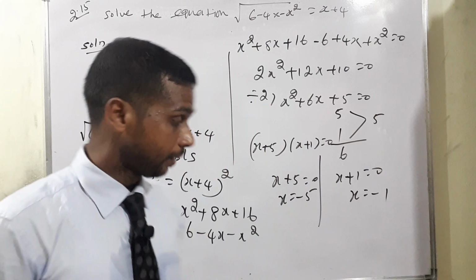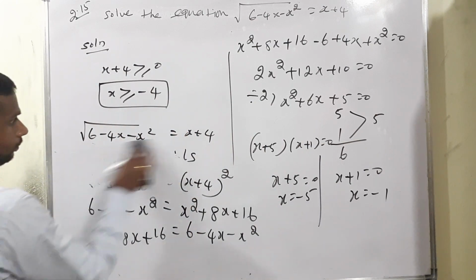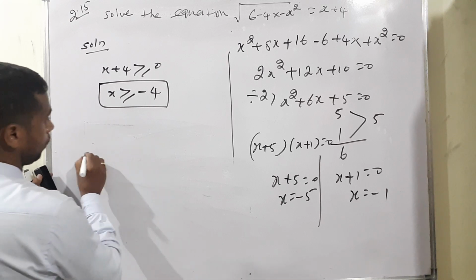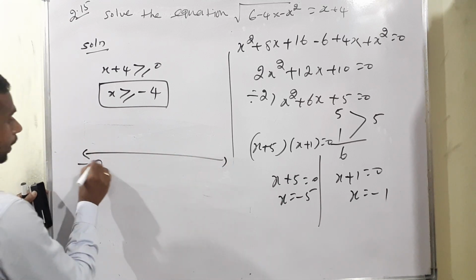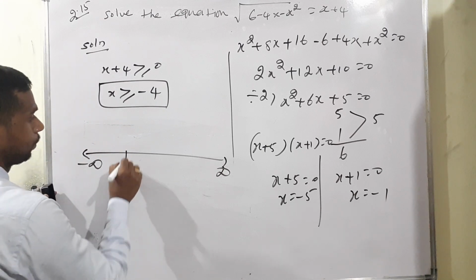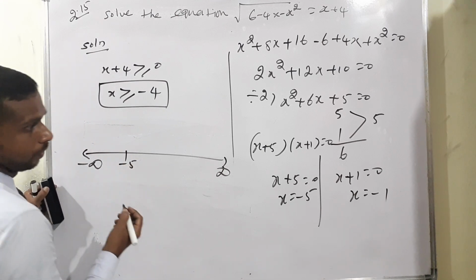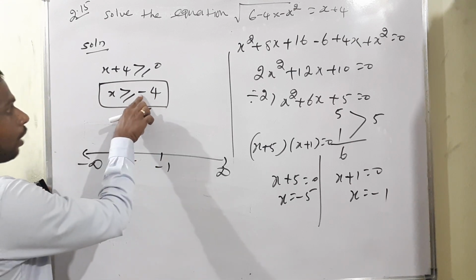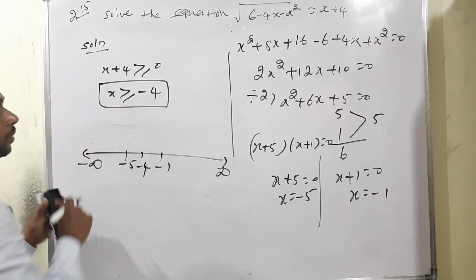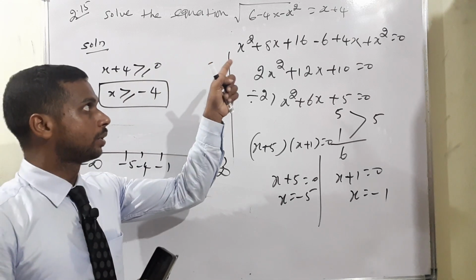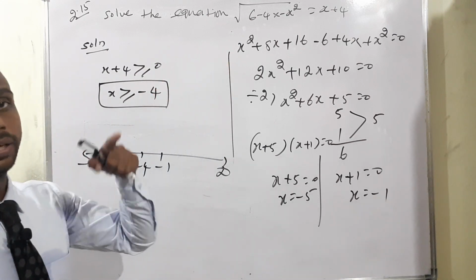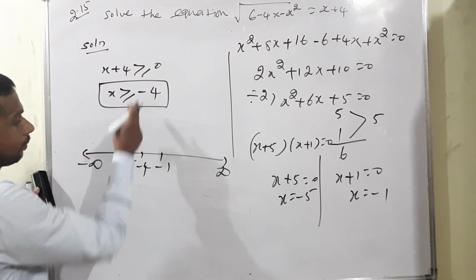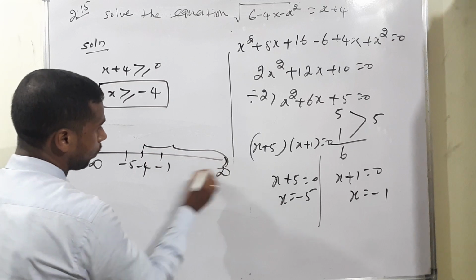To make a number line, minus infinity to positive infinity, with minus 5 and minus 1. The condition we have, minus 4, is one of the important conditions. That's why I told you that if the term under the square root is positive, then only we can say the square root of the value is greater than or equal to 0. So minus 4 is there. So for values greater than that, in between, what values are there? Only one term, that is minus 1.